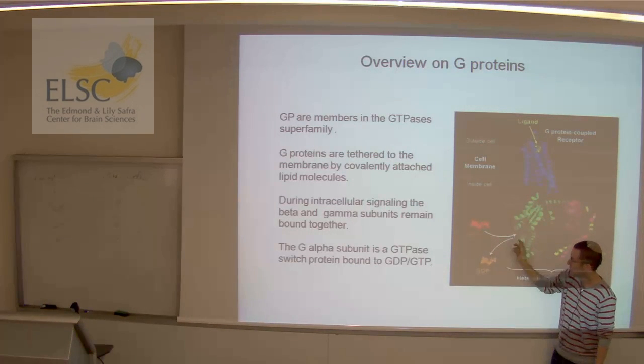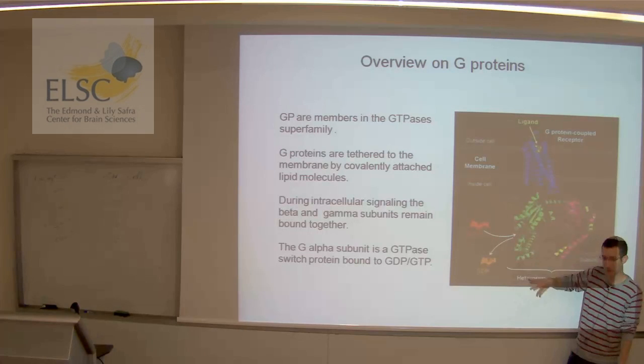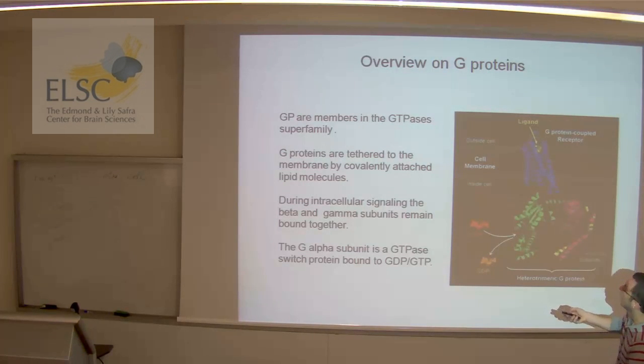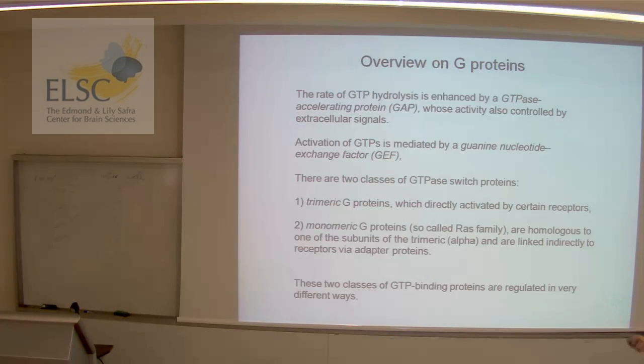So you take out the GDP and put in the GTP. There is an additional protein outside of this figure that regulates this process, and that's GAP.